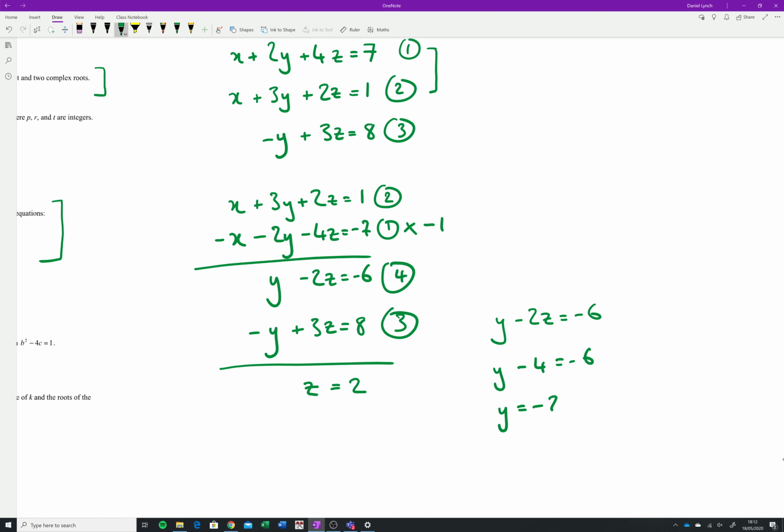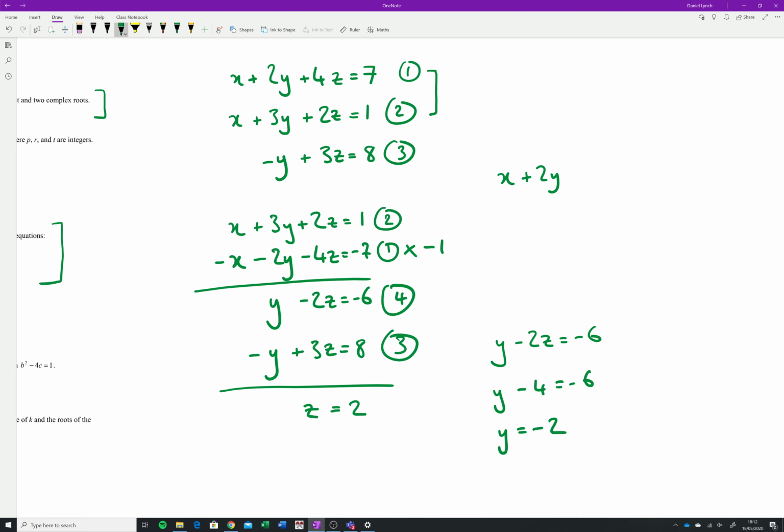And then we go up to, let's say, equation 1, and we say x plus 2y plus 4z is equal to 7. And we get x, well, y is minus 2, so that becomes minus 4. Z is 2, so that becomes plus 8 is equal to 7.